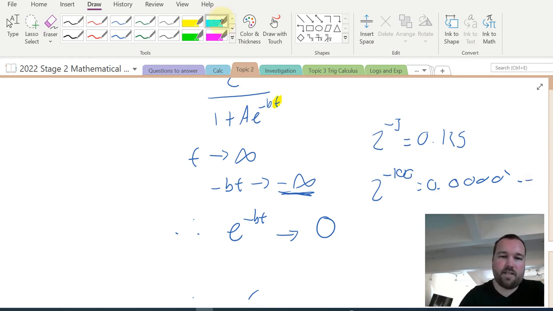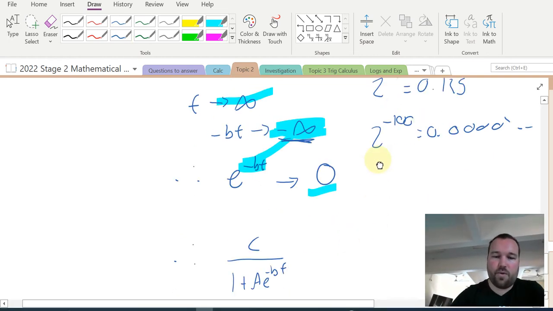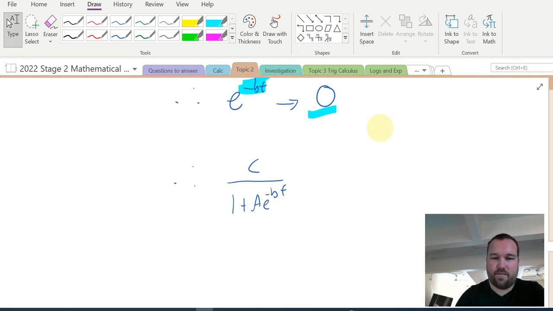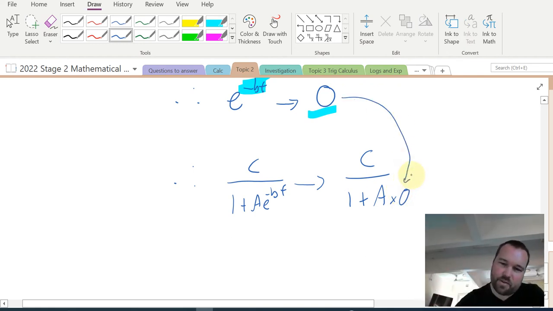So what's happening is, as t goes towards infinity, minus bt always goes towards minus infinity. E to the minus infinity gets very, very close towards 0. So, therefore, this actually gets very close to c over 1 plus a times 0, where that e to the minus bt gets very, very close to 0.